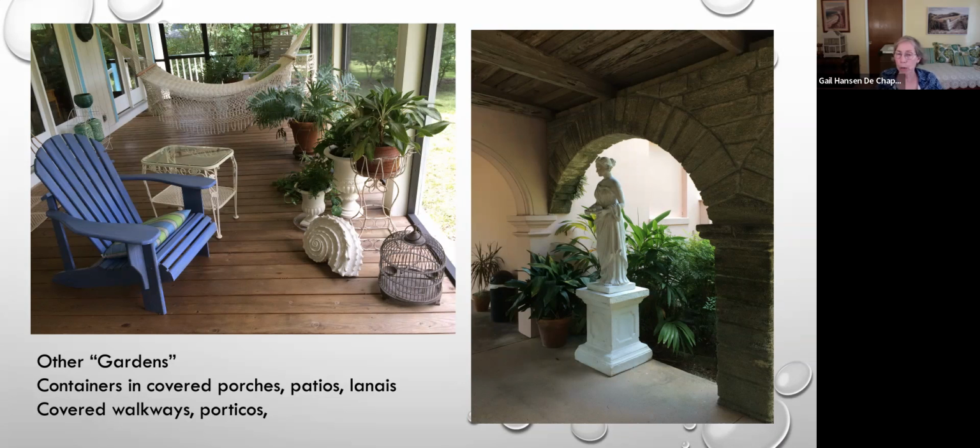If you want to go outside in the middle of summer and enjoy the outdoors, you have to be in shade pretty much. Otherwise, you're not going to be enjoying it. And other areas like covered walkways, porticos, places where there are structures that provide the shade, you can put a lot of potted plants in those areas.